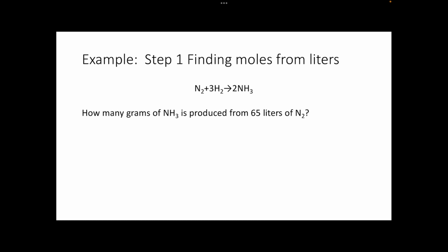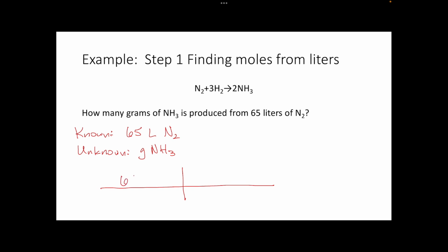So say that our known is that we have 65 liters of N2. Our unknown is still how many grams of ammonia we can produce. So set up our train tracks, 65 liters of N2. We're going to want liters of N2 on the bottom here, moles of N2 on the top.